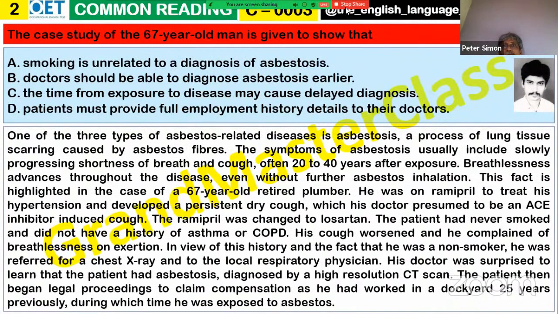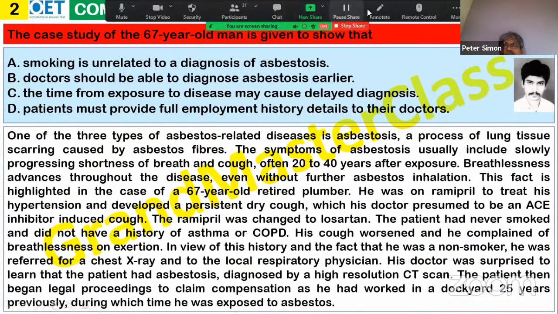Okay. Pass the screen. Okay, I have passed the screen. Hide floating. Yes. Now study the question. Print the screen.